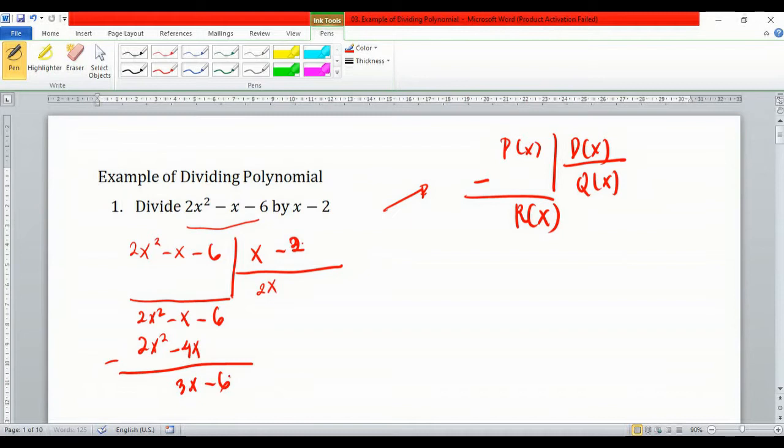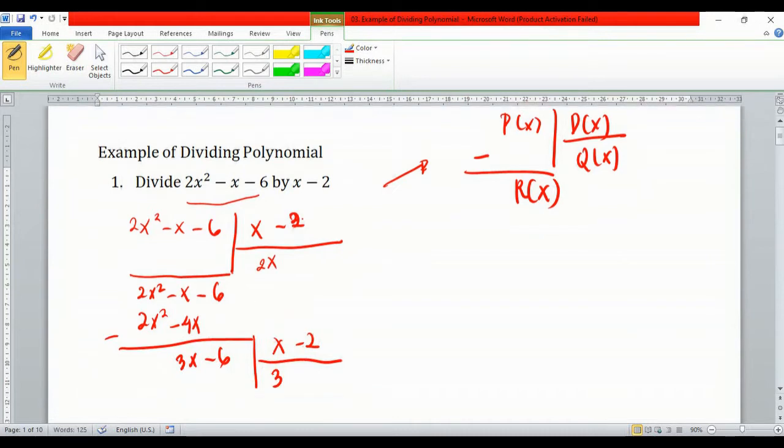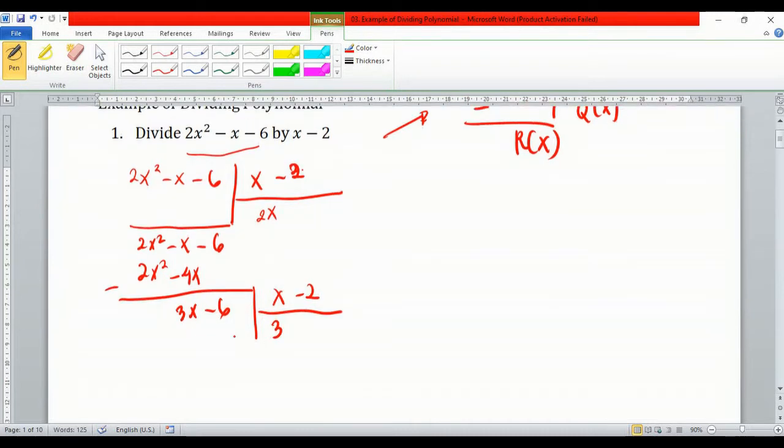So after 3x minus 6, you will divide again by x minus 2. Okay, and then you should think what's the value of 3x minus 6 divided by x minus 2. So this result is 3, right? And then you need to multiply them, so you will get 3x minus 6 times this one.